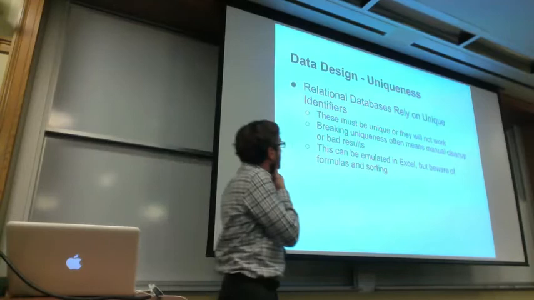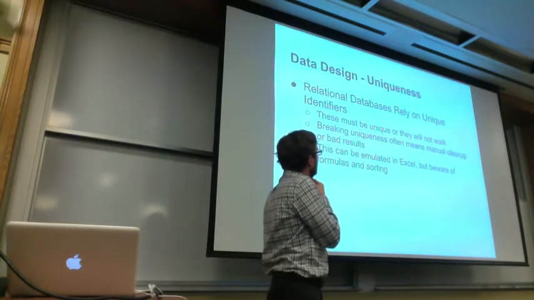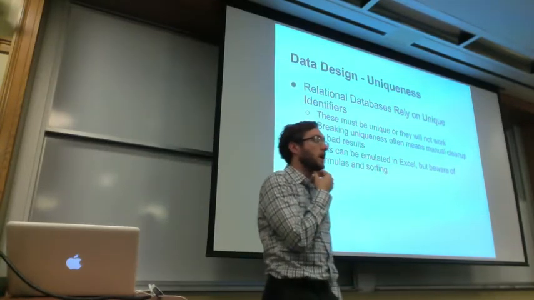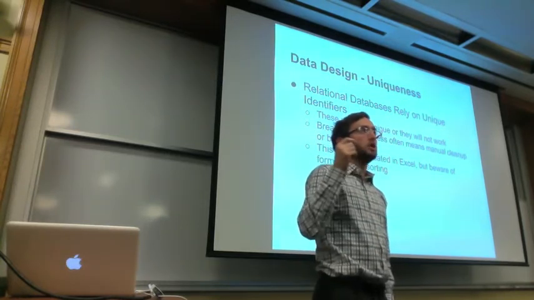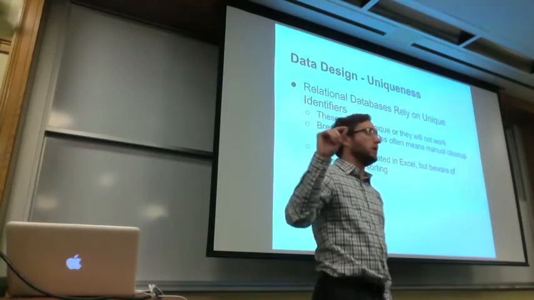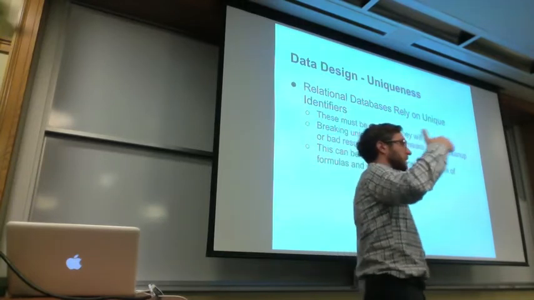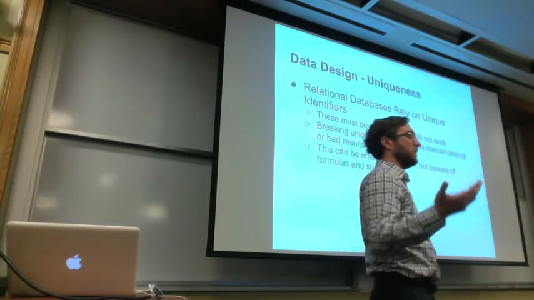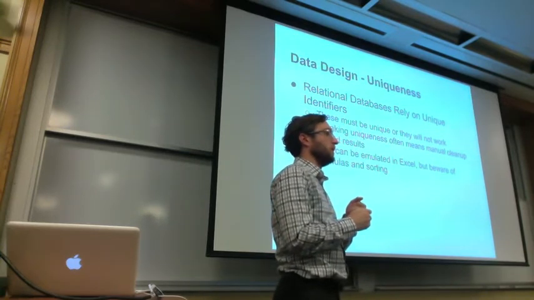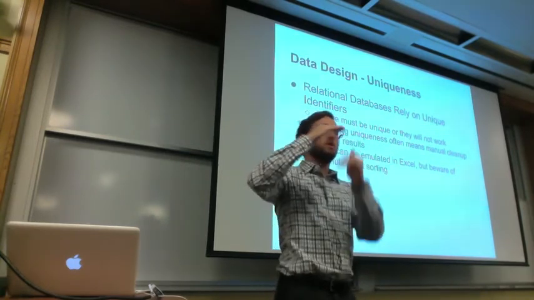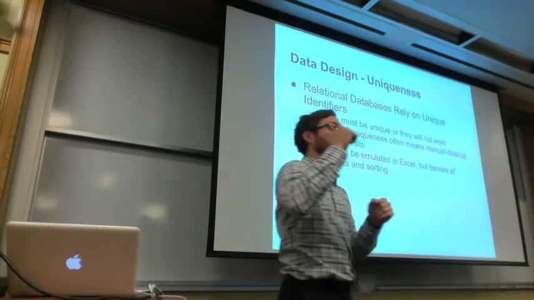So another thing that relational databases do that's really helpful is they rely on unique identifiers. There's a number or a character string or something that identifies each individual instance in a table as unique. Keeping this uniqueness can be incredibly helpful, especially if you do this vertical stacking like we were talking about.